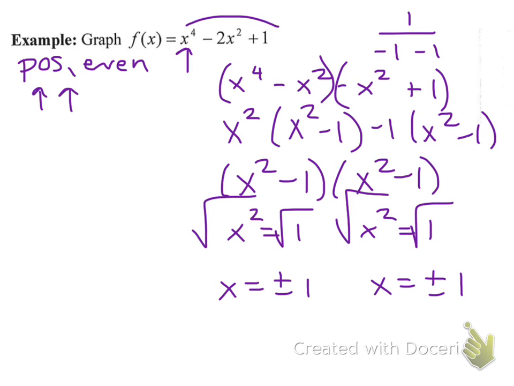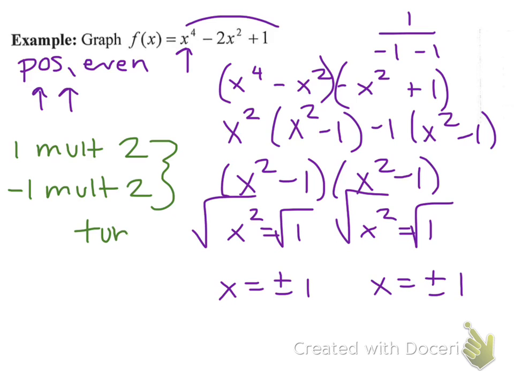So in terms of our multiplicities, I got a 1 with a multiplicity of 2 because I got 2 positive 1s, and I got a negative 1 with a multiplicity of 2 because I got 2 negative 1s. So both of these represent turnarounds. Okay, and I'm just running out of room there.